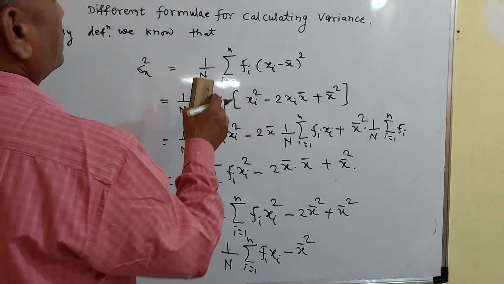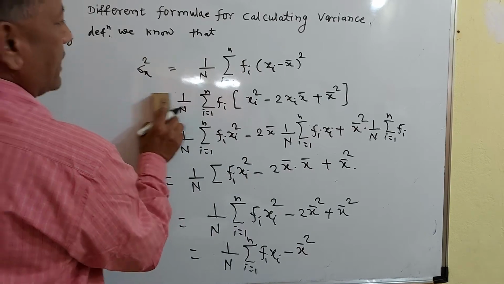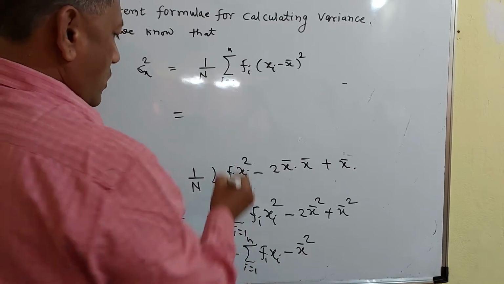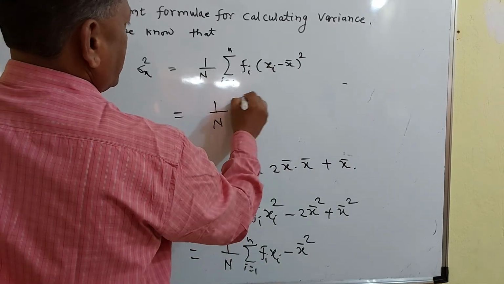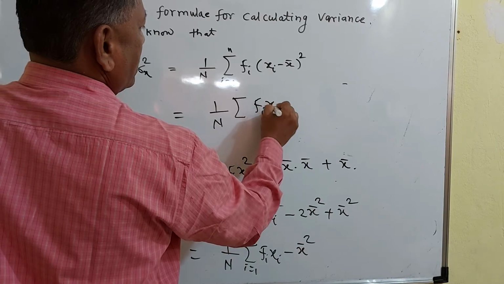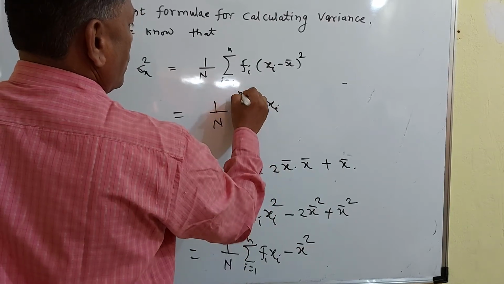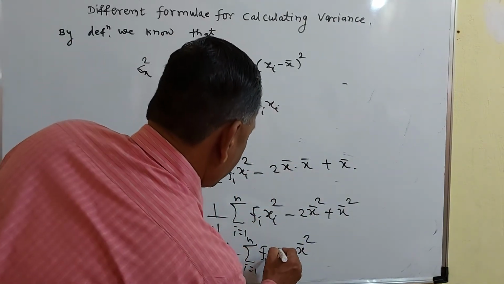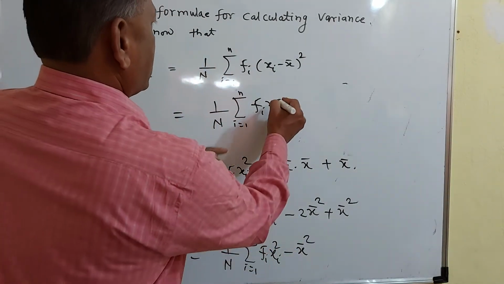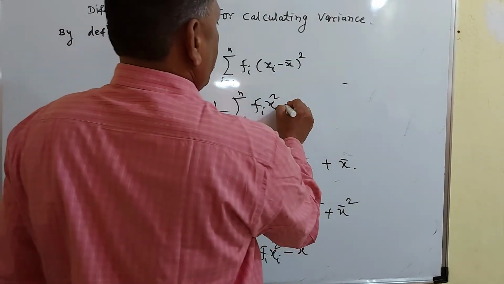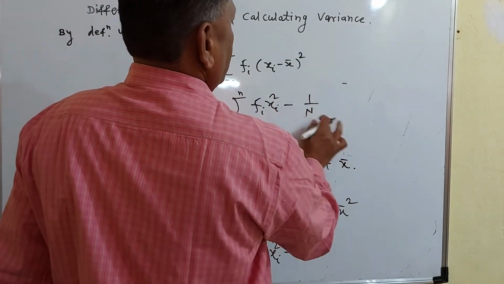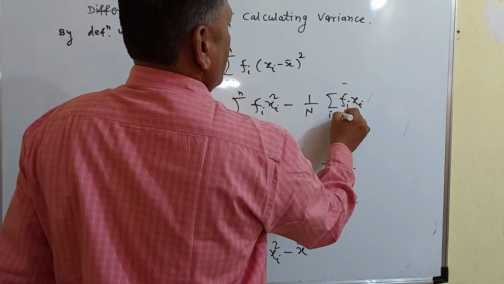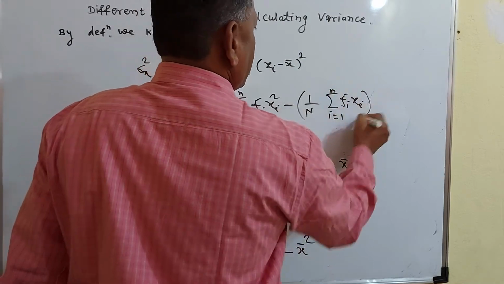So next step, I will write here: it is equal to 1 upon n summation of fi into xi square, i going from 1 to n, sorry, here fi xi square, not fi xi, minus x bar, that means minus 1 upon n summation of fi into xi, i going from 1 to n, and square of this.